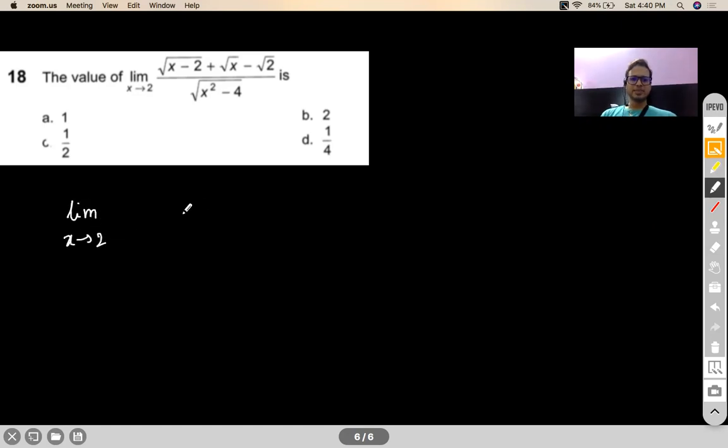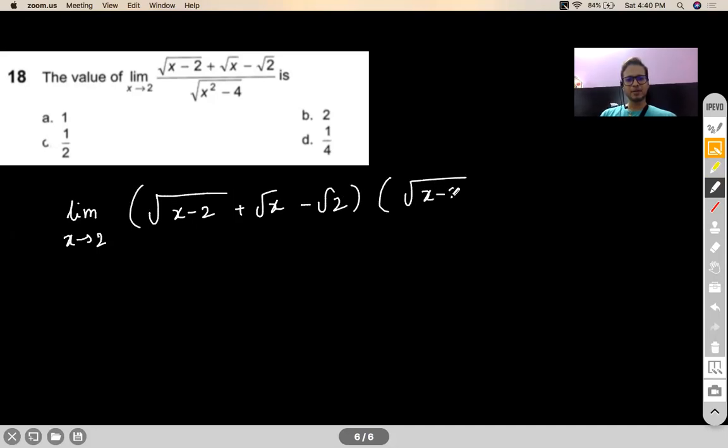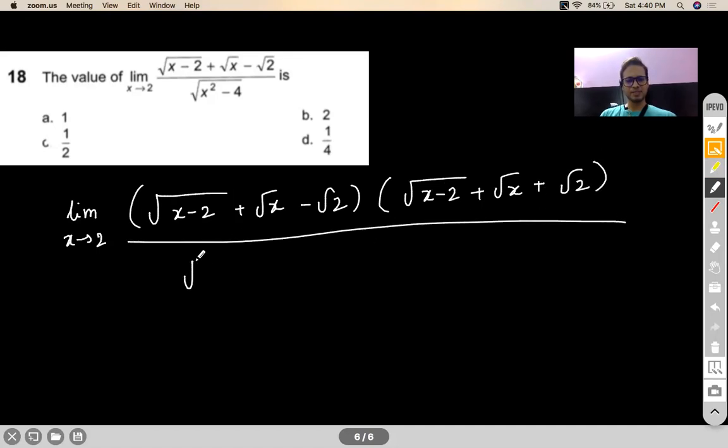Now, this is the case where you can manage with rationalization. So what I'll do is multiply and divide with this. Denominator, let it be as such.